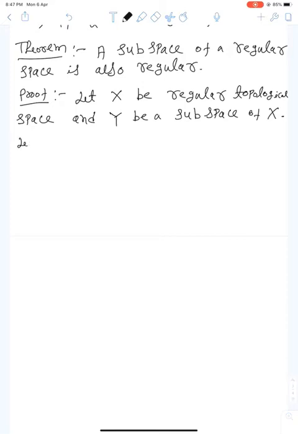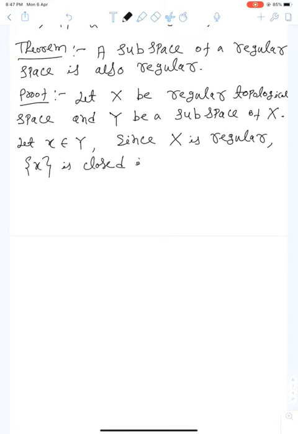Now let x belong to Y. Now since X is regular, the singleton {x} is closed in X, therefore we can write singleton {x} as singleton {x} intersection Y as well.